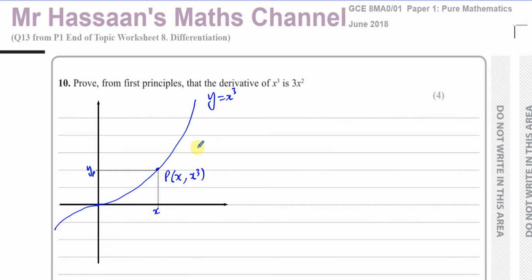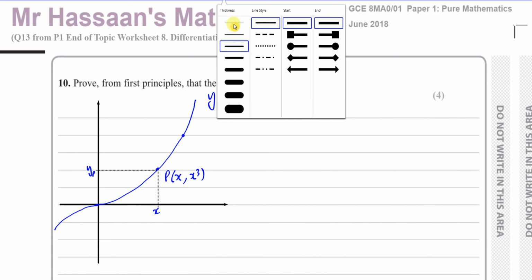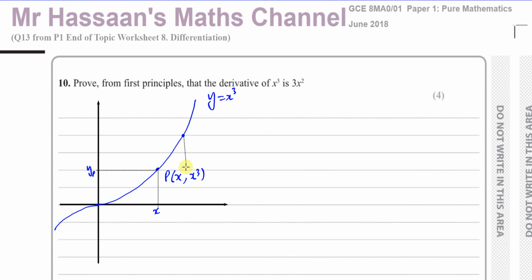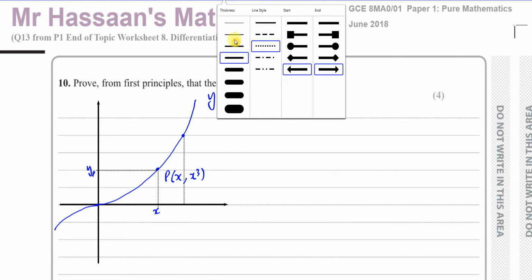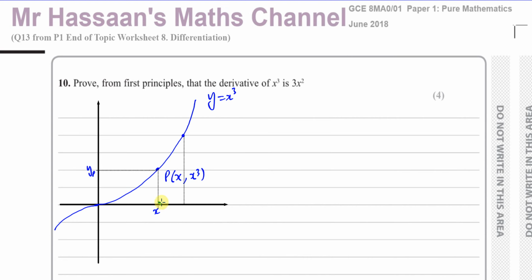Then I'm going to choose another point, and I'm going to call that point Q. I'm going to do this so that the distance between the x coordinate of P and the x coordinate of Q is a little distance of h.